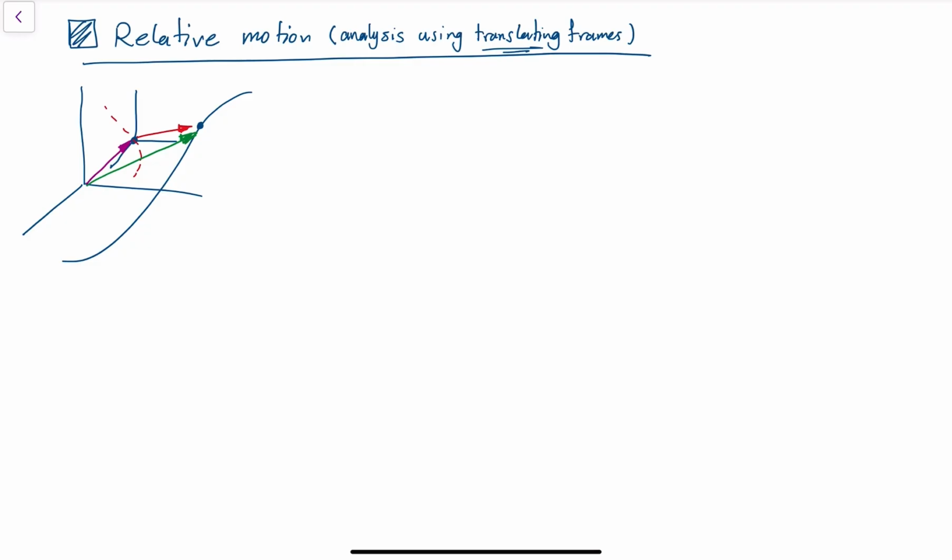So let's be systematic and define our system, our coordinate systems. Let's call this one the main frame, O, X, Y, Z. And we have another coordinate frame that is attached to a secondary moving particle.